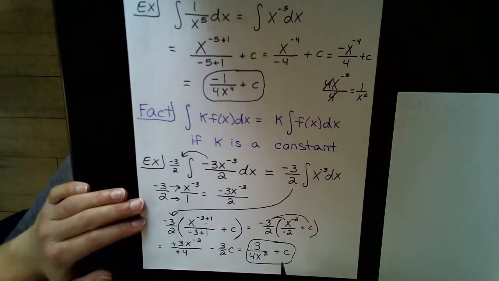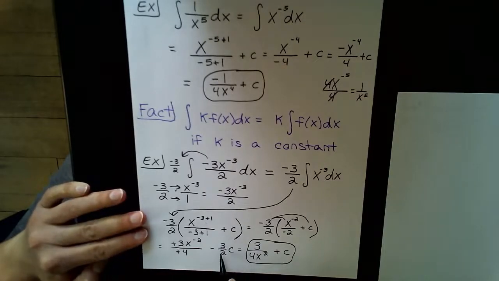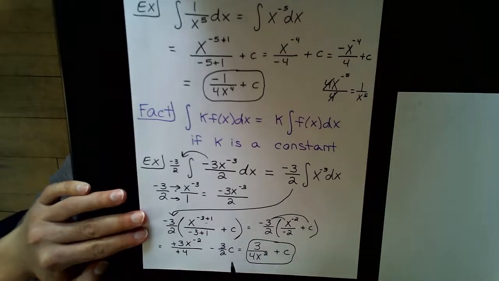But as it turns out, because this c value is constant, because it's not a variable, it doesn't matter if we put a minus 3 over 2 in front of it, or a minus 500, or a plus 1 million times that c. At the end of the day, it is still just some constant that we haven't accounted for.